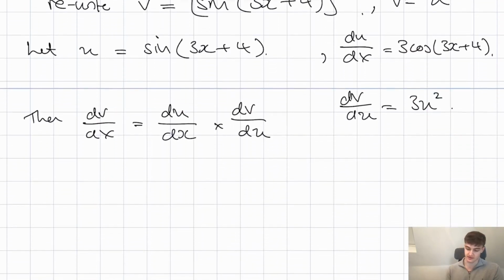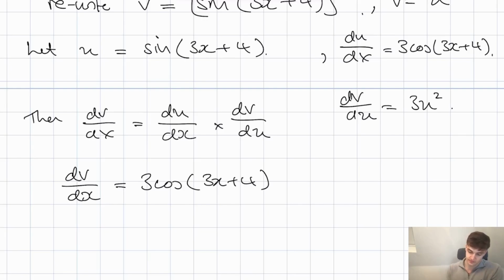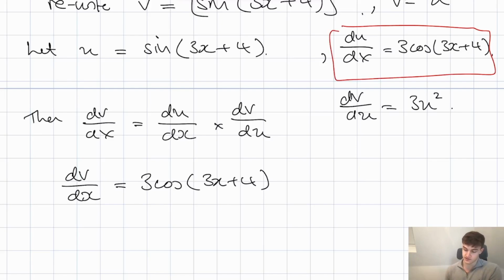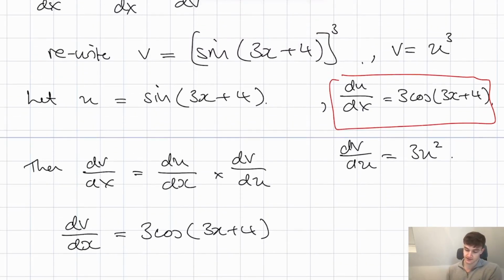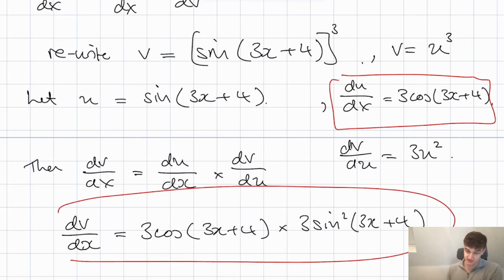So they're all coming together. And if we put this all together, dv by dx is du by dx, which we just wrote, 3 cos of 3x plus 4, times dv by du, which is 3u squared, and u is this, so that's going to be times 3 sine squared 3x plus 4.